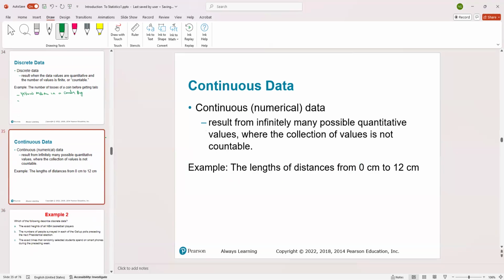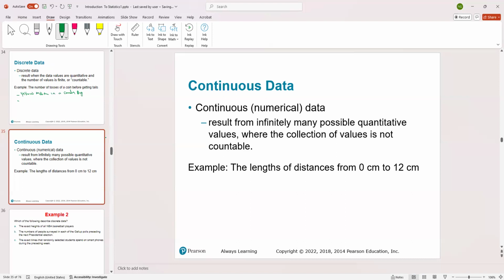But continuous data result from infinitely many possible quantitative values where the collection of values is not countable. So it is impossible to count the individual items because they are on a continuous scale, such as the length of distance from 0 centimeters to 12 centimeters, for example.